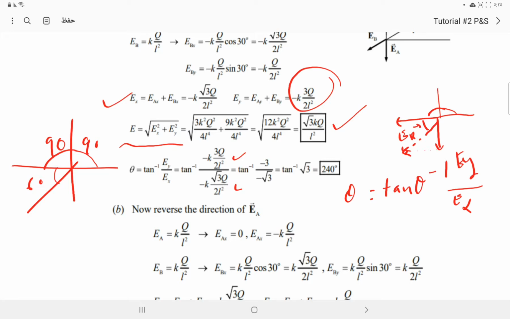But somebody else can say, no, we can measure this one. If this is 60, this is 30, and this is 90. So 90 plus 30, it will be 120. But this will be with a minus sign.